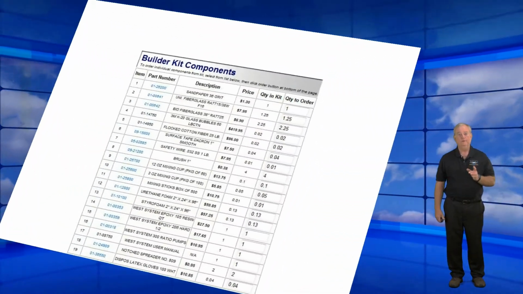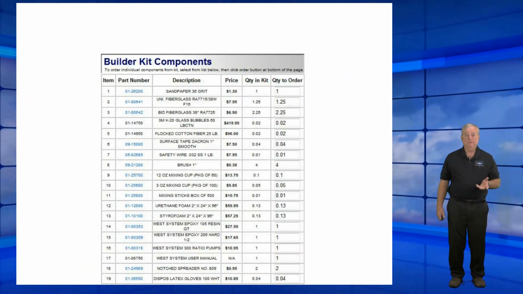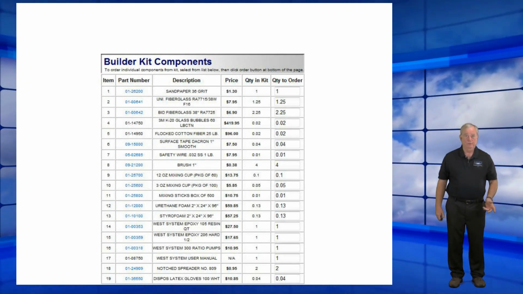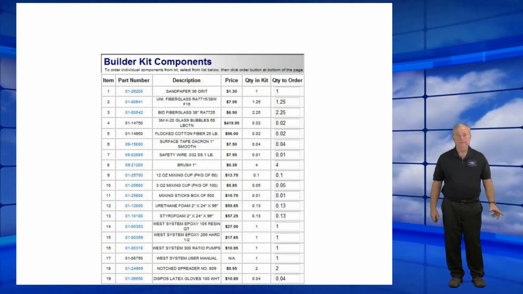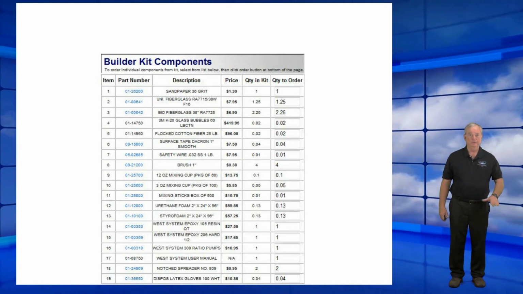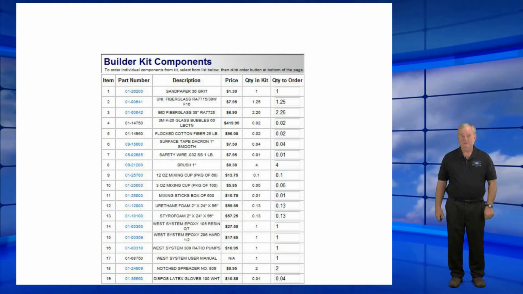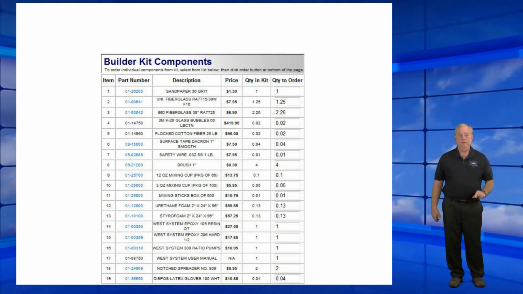So this is a parts list for the components that are in this kit. And you can see they widely vary here. Everything from gloves to tape to the resin system to a spreader, a piece of flat plastic that you use to spread the resin out. Everything you need to make parts is in here.